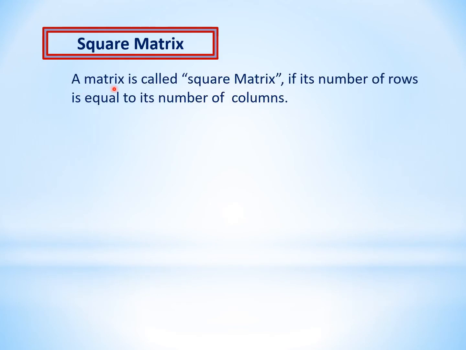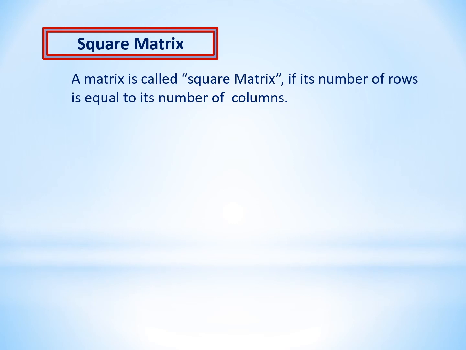Square matrix. A matrix is called square matrix if its number of rows is equal to its number of columns. As we are familiar with the shape square. Square is a shape, a quadrilateral which has all sides length equal.